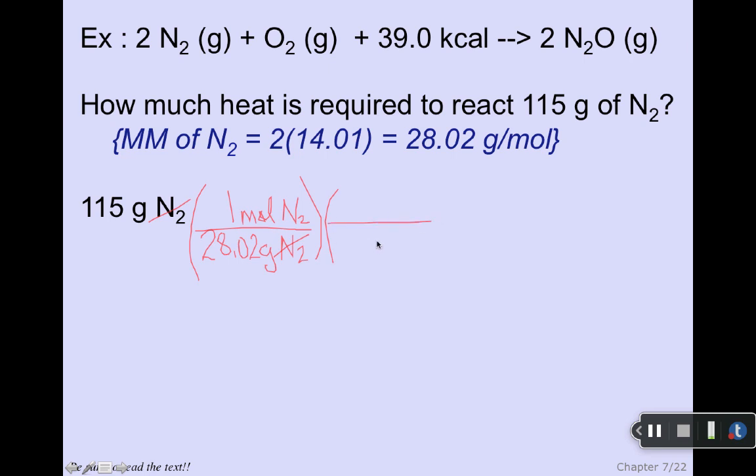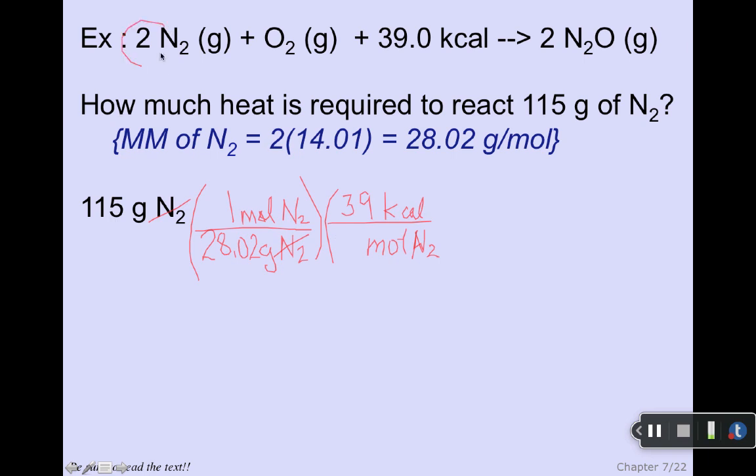If we're looking at what comes next, the moles of nitrogen has to cancel out because it won't be in our answer. So the moles of N2 will be on the bottom, but we're relating it to kilocalories. Again, it was 39 kilocalories required. It doesn't matter when in terms of this calculation, but it's required for how many moles of nitrogen?